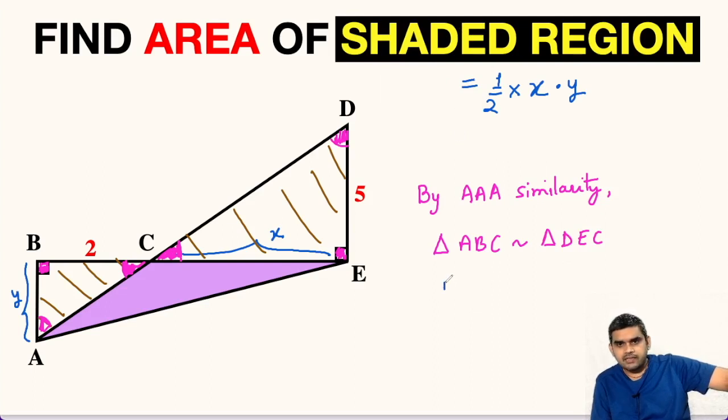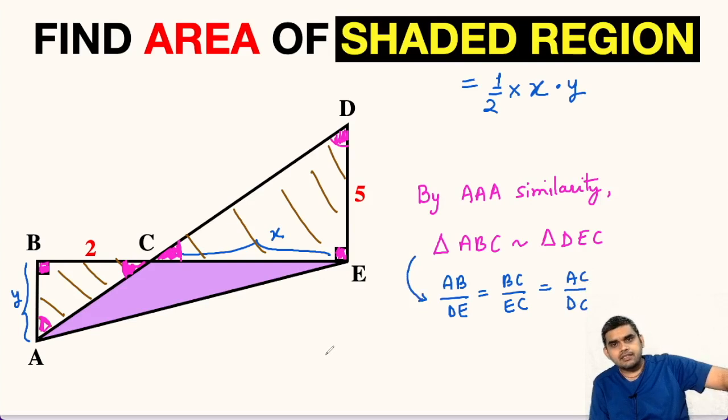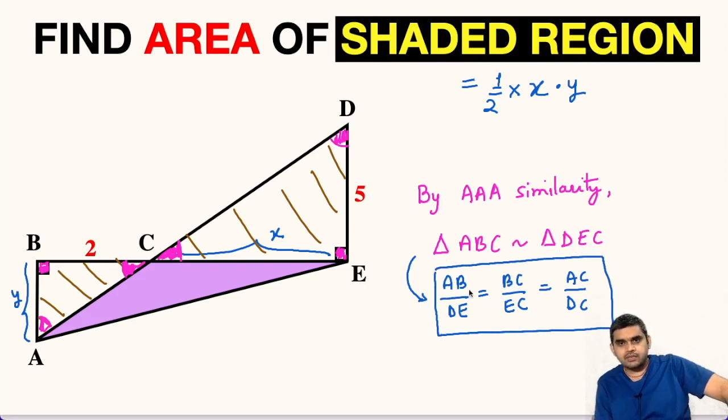From here we can write that AB upon DE equals BC upon EC equals AC upon DC. In similar triangles, the corresponding sides are proportional. So by that property, we can write this equality. Now let us substitute the values.